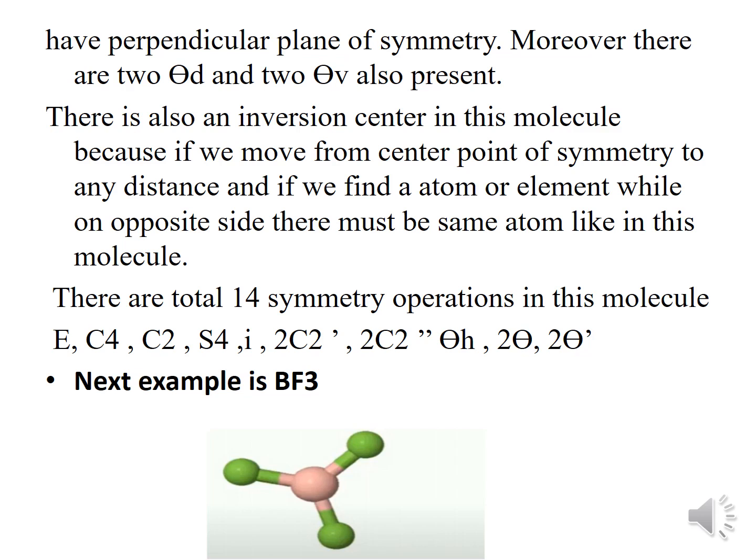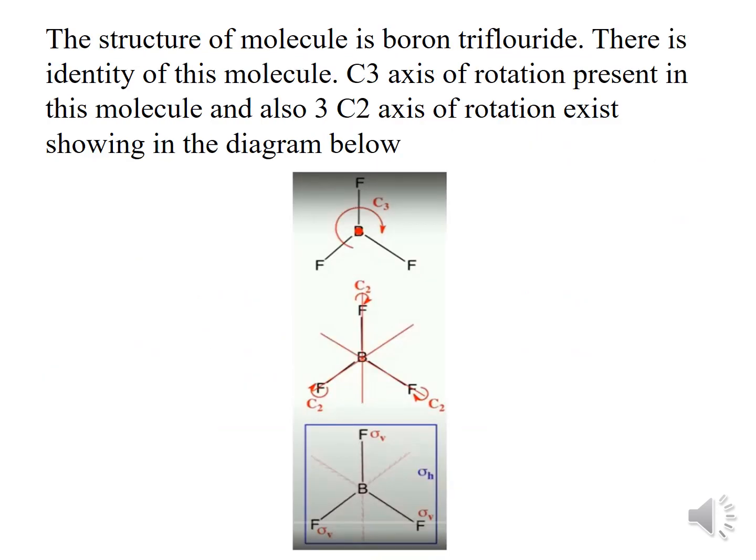Next we will discuss another example: boron trifluoride. The structure of the molecule is shown. There is identity, and a C3 axis of rotation present in this molecule, and also 3 C2 axes of rotation exist, as shown in this diagram.